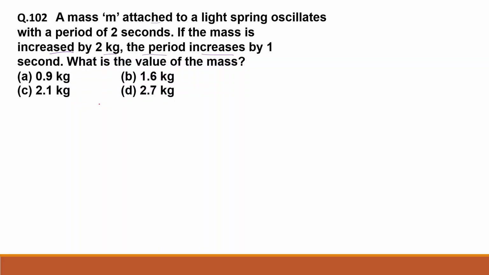What values are given here? A mass m attached to a light spring oscillates with a period of 2 seconds. If the mass is increased by 2 kg, the period increases by 1 second. What is the value of the mass?